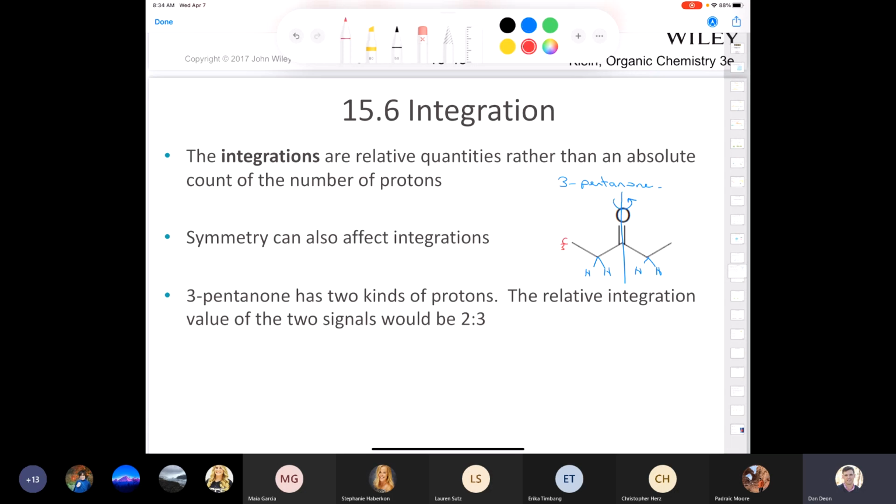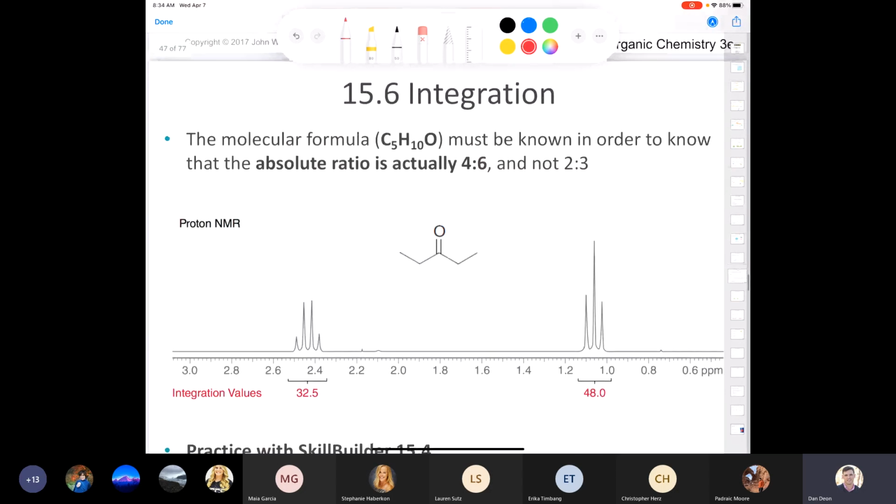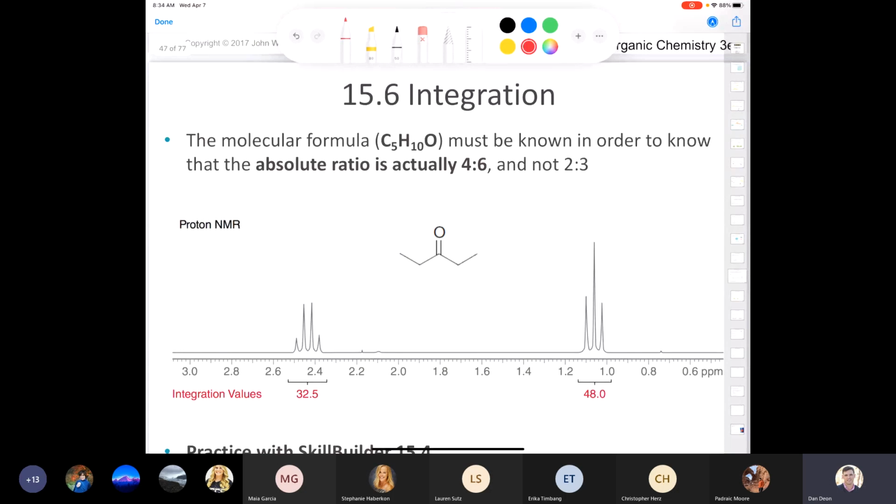I also have a methyl group here and a methyl group here, and those are also chemically equivalent based on the rotational symmetry. So when you run the NMR spectrum of this compound, you should get 2 signals, since we've got 2 unique types of protons.